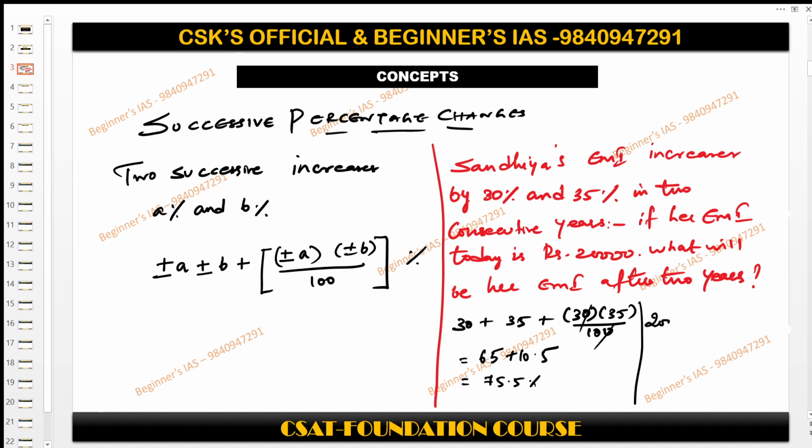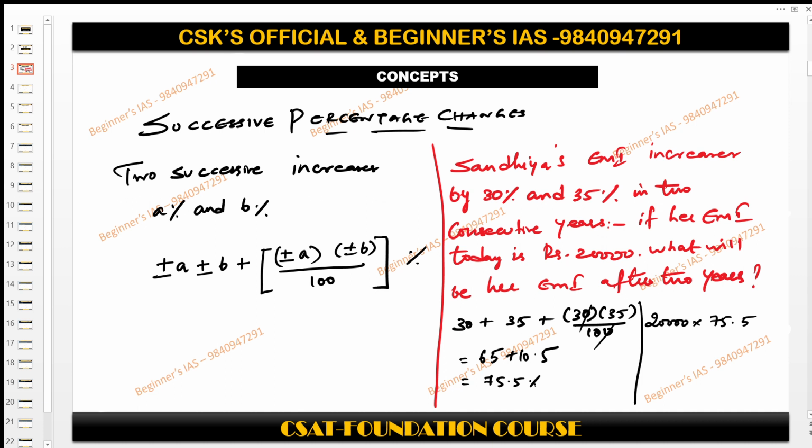So 20,000 into 75.5 percentage increase. Now listen very carefully. This plus the initial amount. The initial amount is what? 20,000.